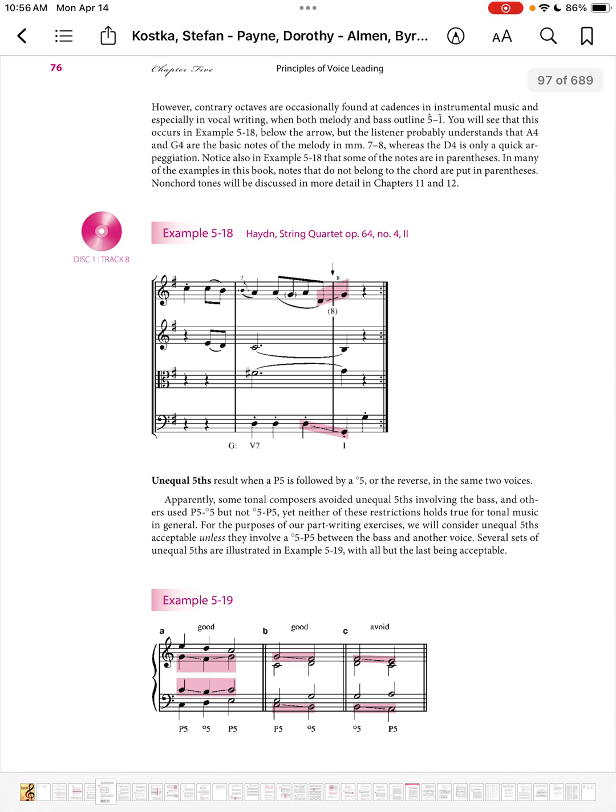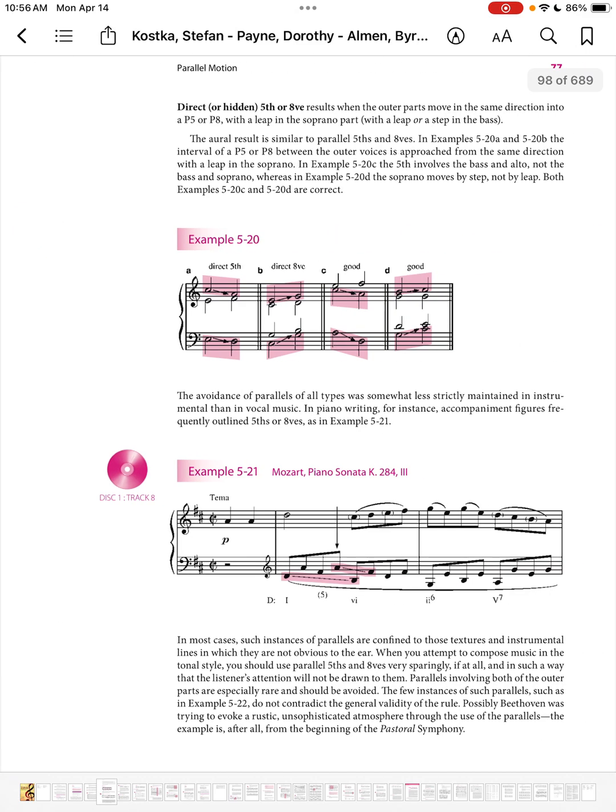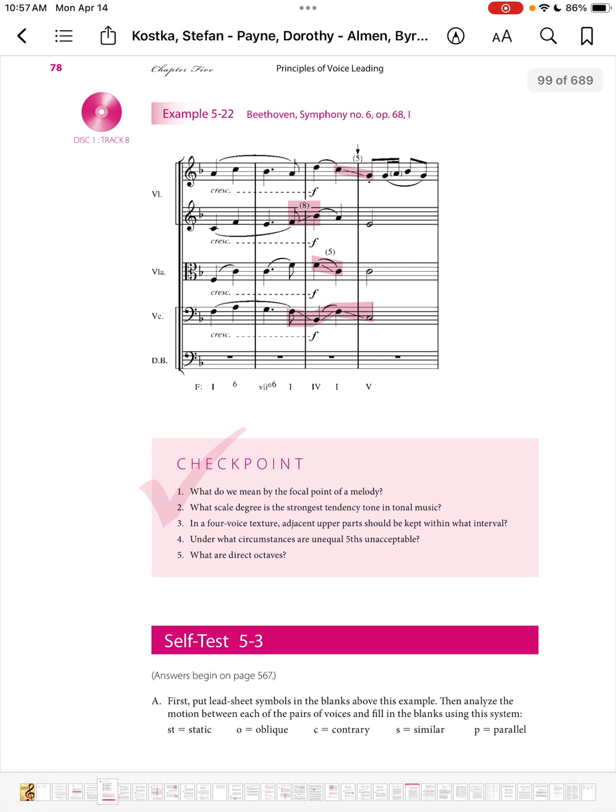And direct or hidden fifths. It tells you, yes, you can if it goes in the same direction. But like I said, you want to try to avoid perfect octaves and perfect fifths. I'm going to the next one.